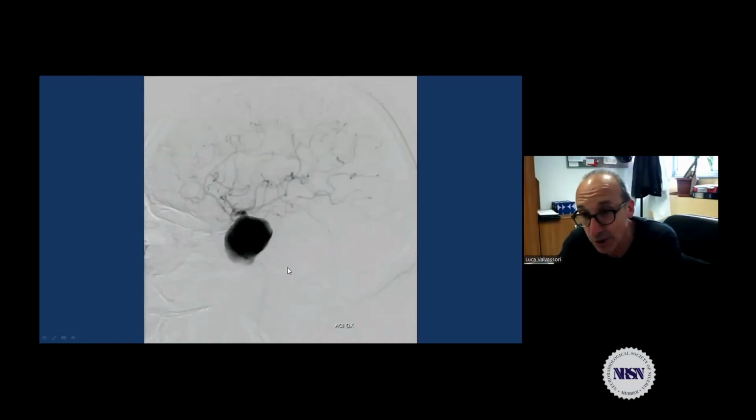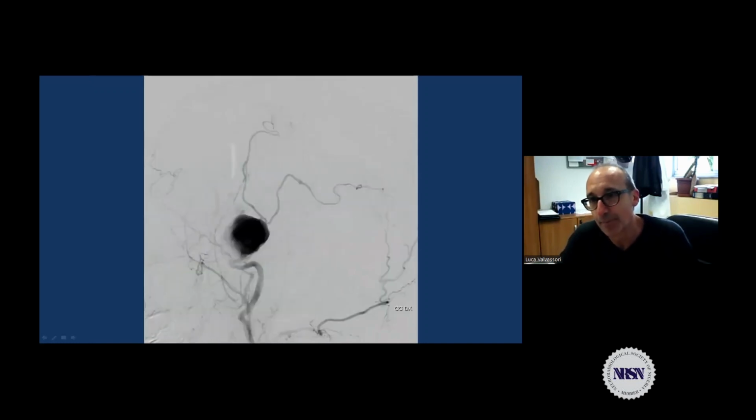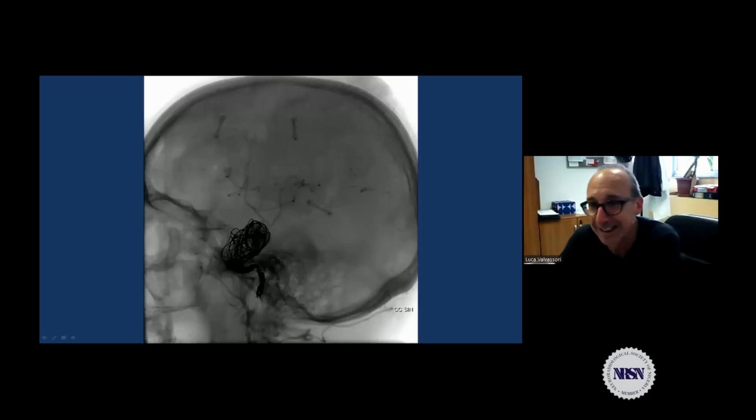And this is another huge aneurysm of the right carotid. What can we do in this case? This is a surgical bypass. So we ask the surgeon to bypass the MCA, as you can see here. And after that is a bypass-assisted occlusion, if we can say that. By the endovascular route, we fill the aneurysm with coil, and we occlude the internal carotid artery.